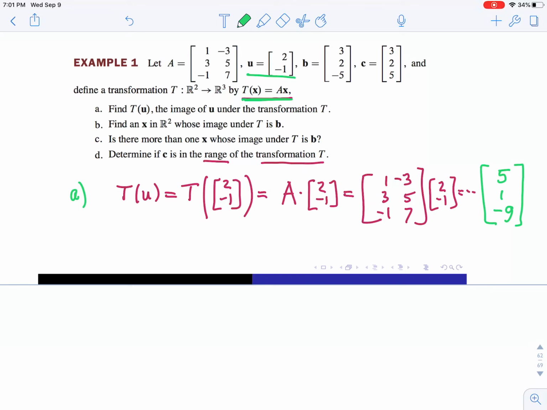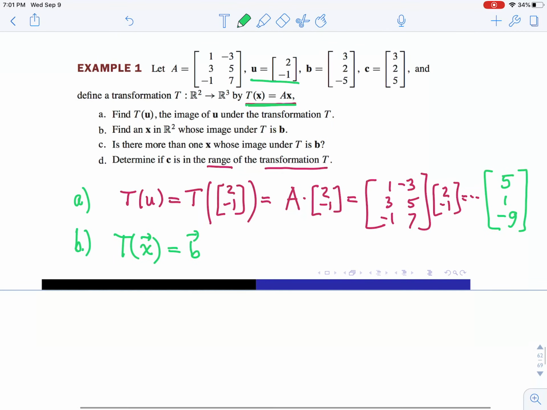So let's do part B. It says find an x whose image under T is B. What that means is we're looking for an x such that if we do T of x, the image would be equal to B. So if I solve that system, that's going to mean T of x is equal to the vector 3, 2, -5.